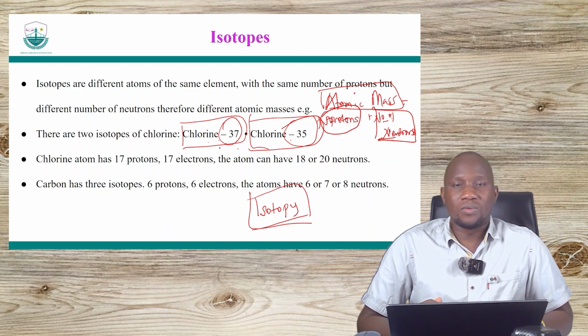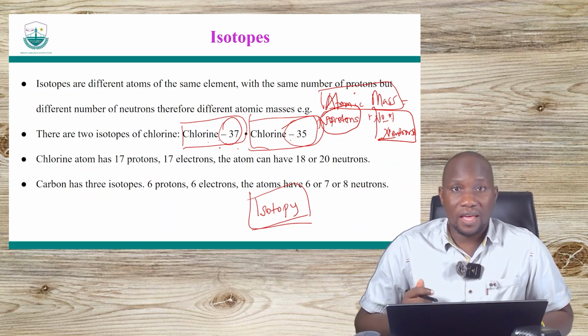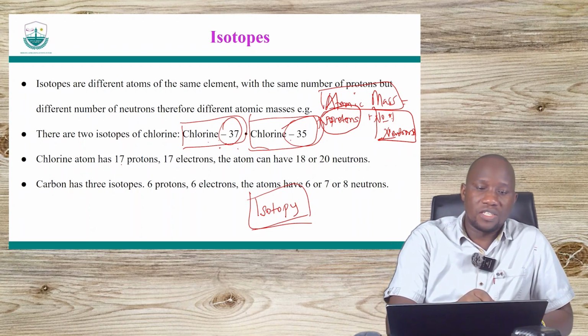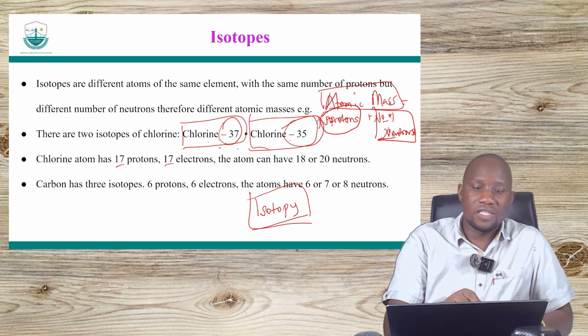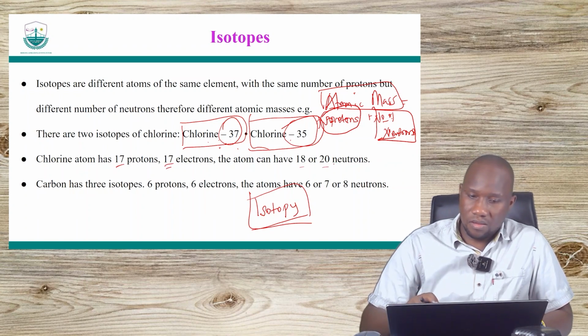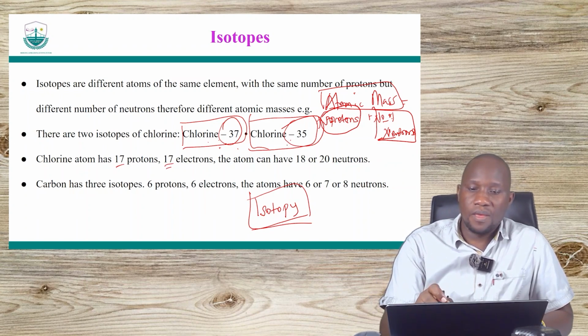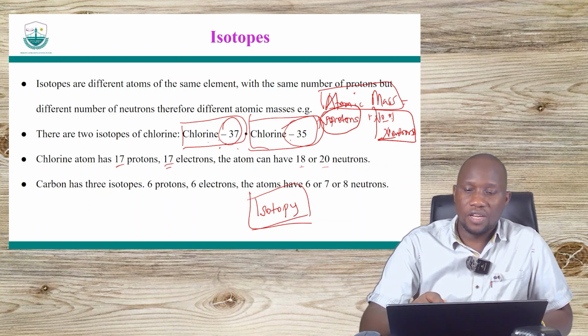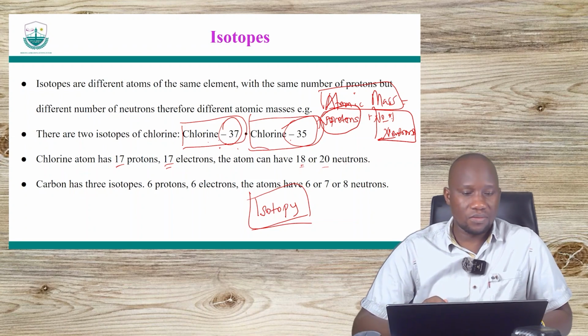Okay, and examples include chlorine and carbon here, but of course there are others. We have a chlorine atom that can have 17 protons and 17 electrons, but you can also have another atom that can have 18 or 20 neutrons, a different number of neutrons.